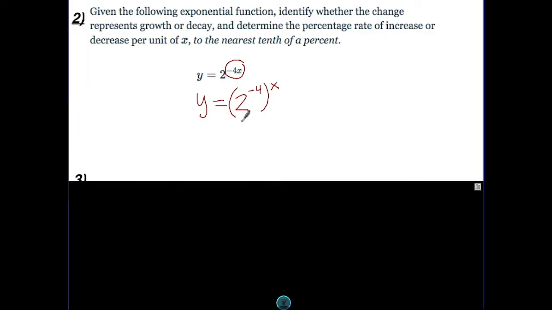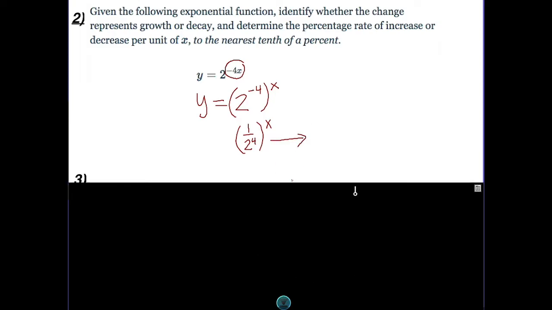Now from our Algebra 2, this negative exponent is 1 over 2 to the 4th, to the power of x, which we can write as 1 over 16 to the power of x, which approximately, if we type that into our calculator, is 0.0625 to the power of x. And so we're really just looking at this value here.